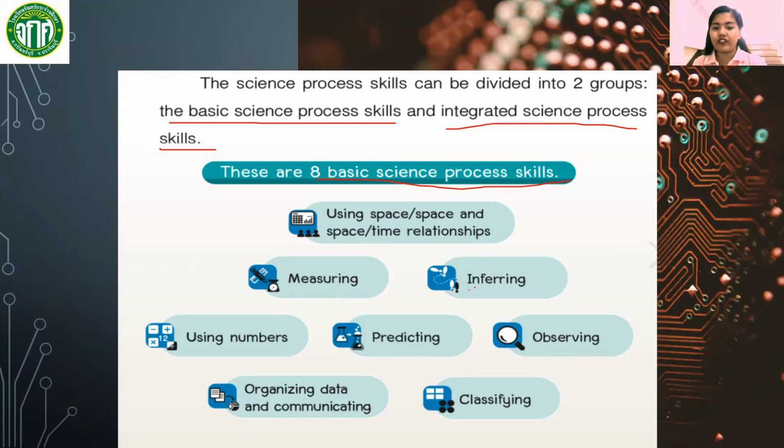Next is inferring. Next we have observing, classifying, organizing data and communicating, using numbers, measuring, and we also have predicting. So those are the 8 basic science process skills.